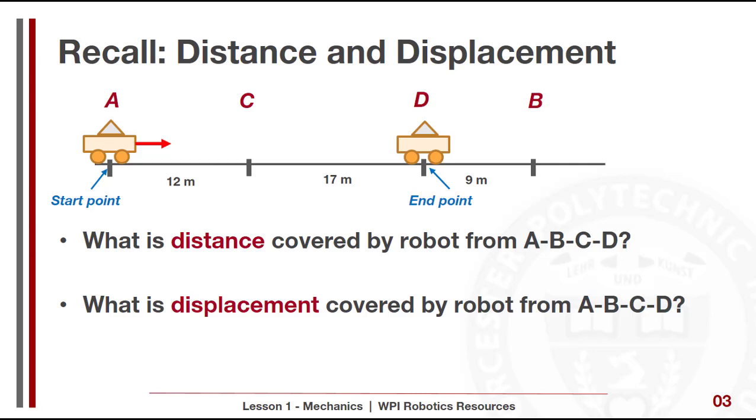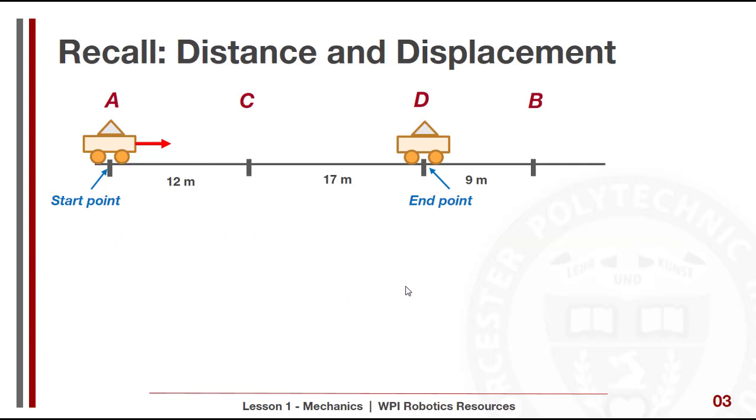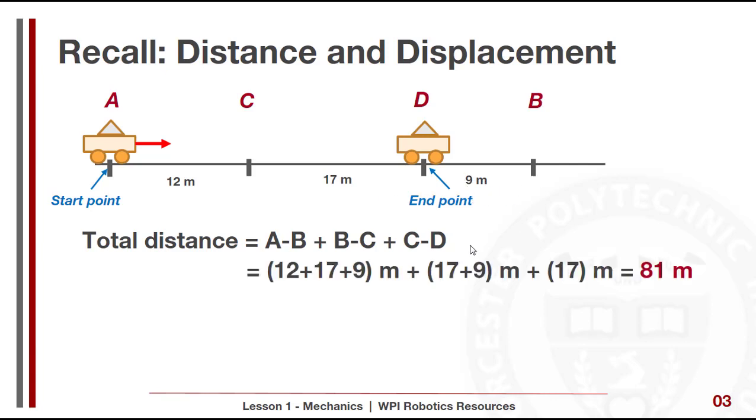Okay, so let's walk through this problem together. First, what is the distance covered by the robot? We know that the robot moves from A to B, then from B to C, and then finally from C to D. From the diagram, we can see that from A to B, the robot travels 12 plus 17 plus 9 meters.